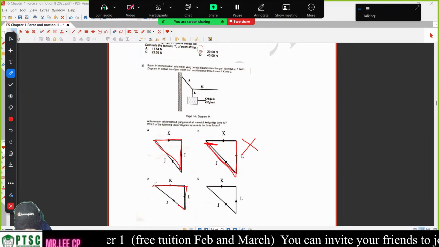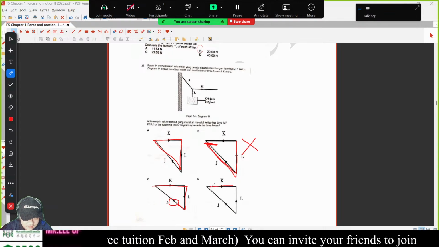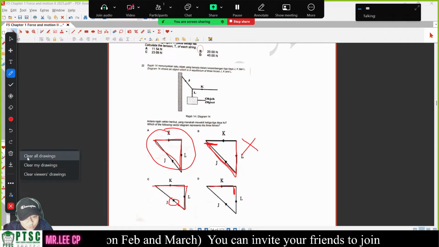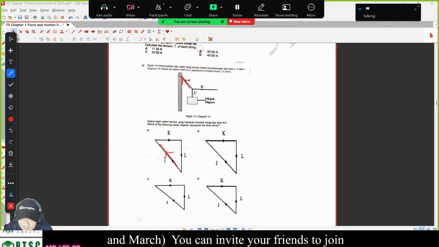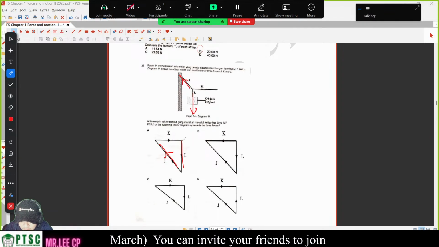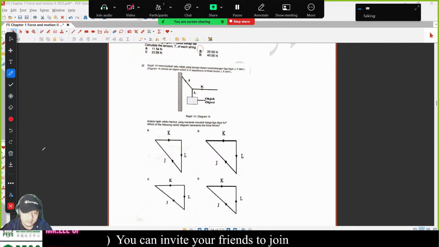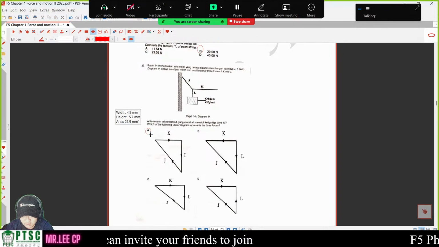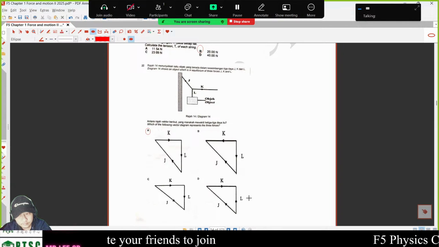This one, the arrow, you see? So only this one is equilibrium, but I don't know whether this one is the answer or not. So we see J, W, L, K. Okay, answer is A, equilibrium. These three are not in equilibrium.